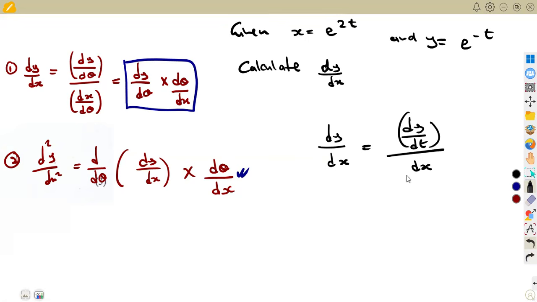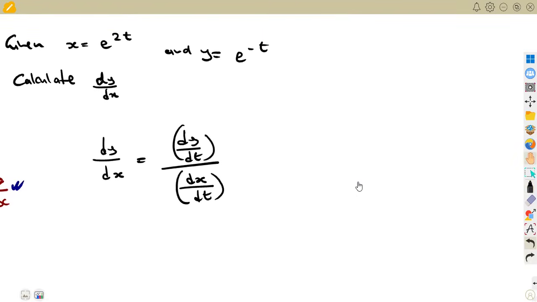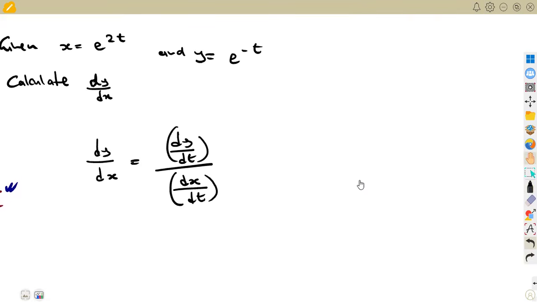Here it was theta, so that's why we're using d theta. Or we can write it like this as a product. It's up to you. So having this formula, we can calculate our derivative in this case.